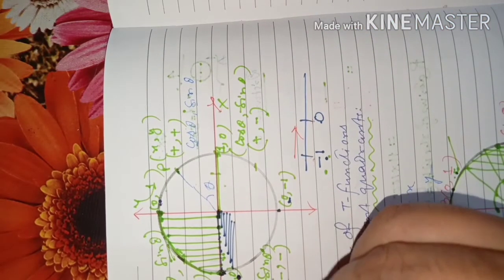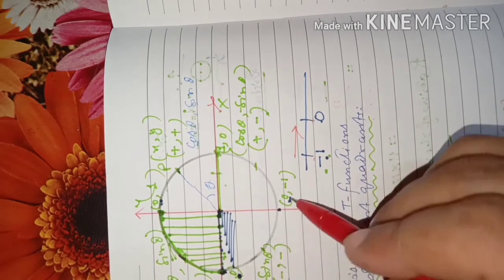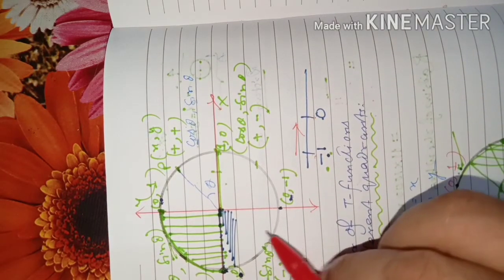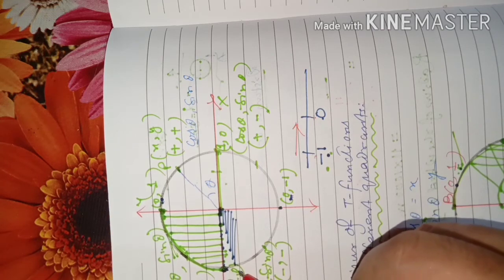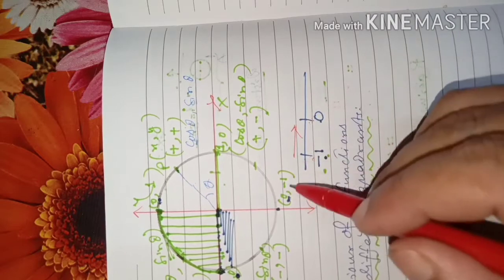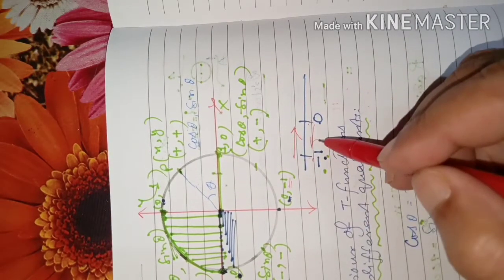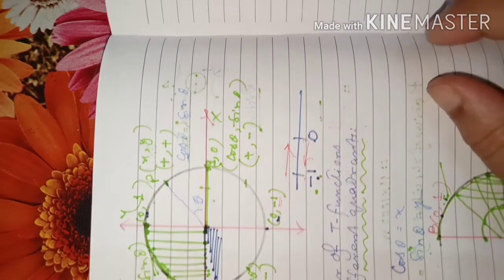So minus 1 was the value here, now it is 0. So cos is increasing. And what about sine? Before it was 0, now it is minus 1. 0 to minus 1 is decrease only. So cos is increasing in the third quadrant and sine is decreasing.